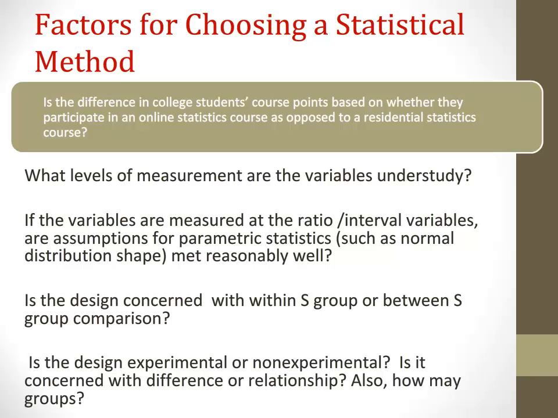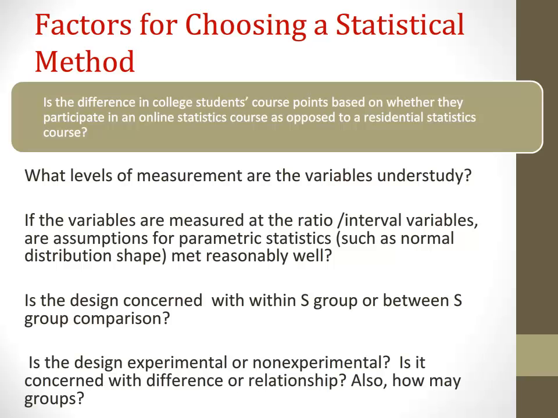So since our variable is measured at the ratio level, the next question would be, are the assumptions of the parametric analyses reasonably met? Because remember, if we're dealing with ratio or interval variables, we're going to consider a parametric analysis an appropriate analysis. Let's say for the sake of this study that our assumptions are met, so we can continue with a parametric analysis.